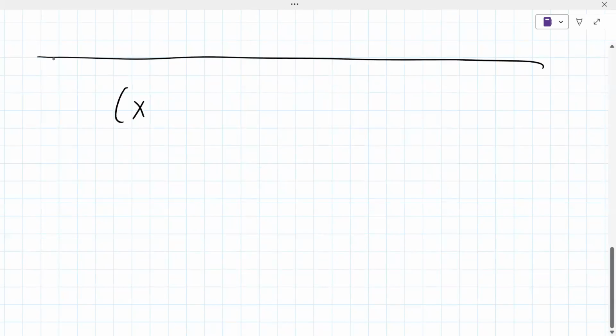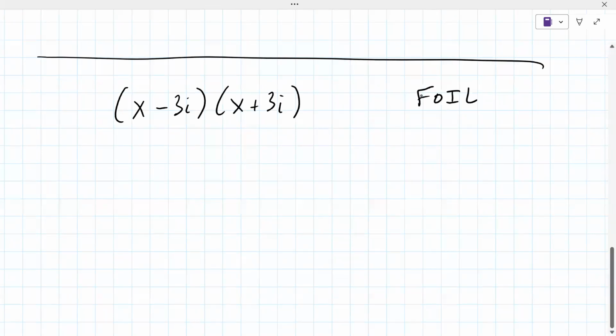Let me have you try a FOIL problem here. x minus 3i, x plus 3i. Could you try foiling that for us, please? It's a lot like the one we just did, just different numbers.